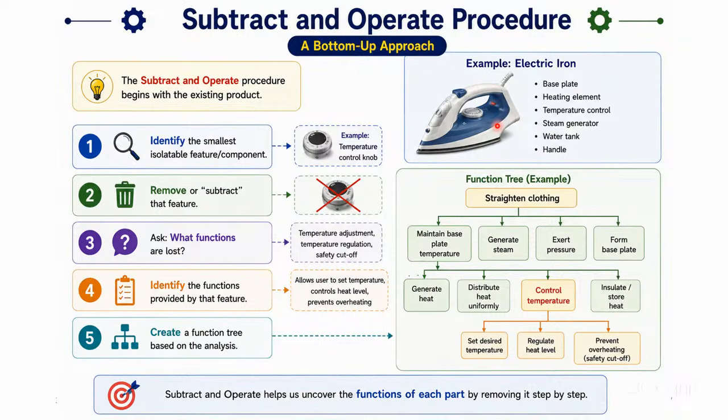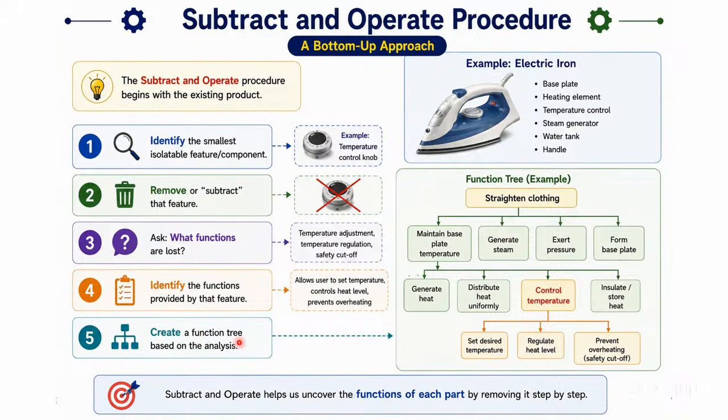So now you can easily understand the functions. So functional decomposition is done using SOP, that is subtract and operate procedure. This is a bottom up approach where you choose one component and you remove that component or you assume that it is absent and then find out the functions that are missing now. So you can create a function tree based on this analysis.